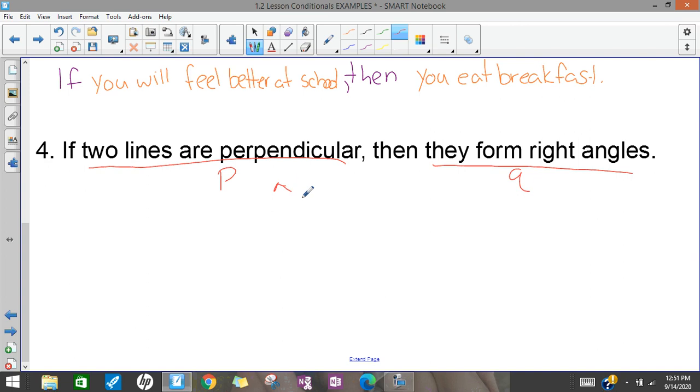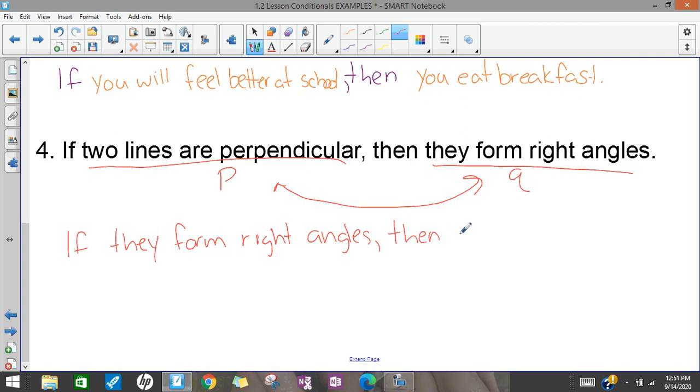And we are going to switch them to get if they form right angles, then 2 lines are perpendicular. Just remember, it's good that when I ask you to pause, go ahead and pause the lesson or pause these examples. Try it on your own so you can test your knowledge, and then you can press play and watch me do the answer.